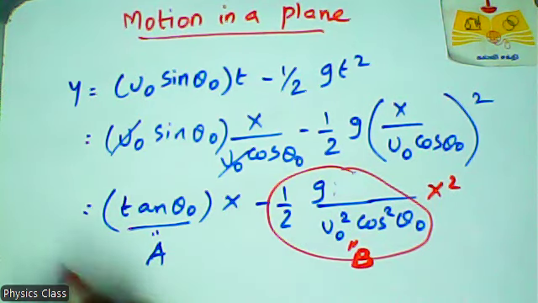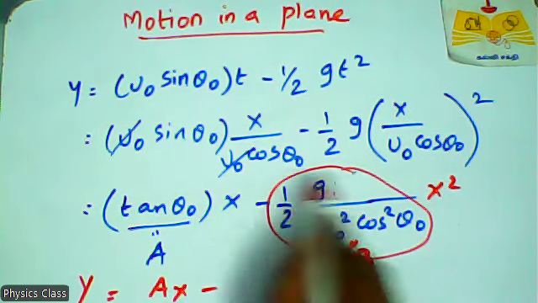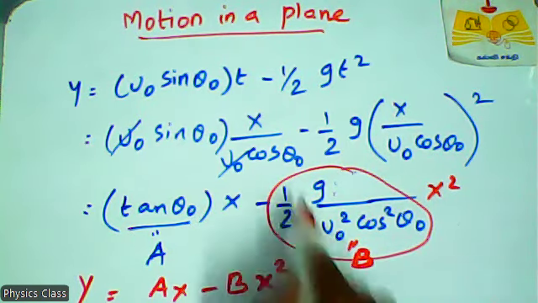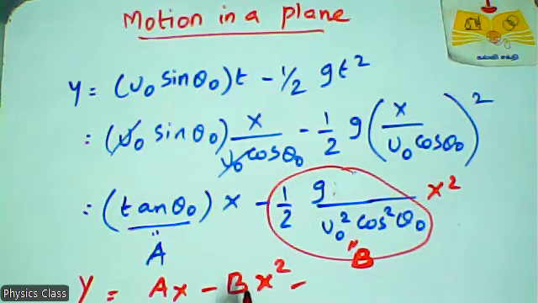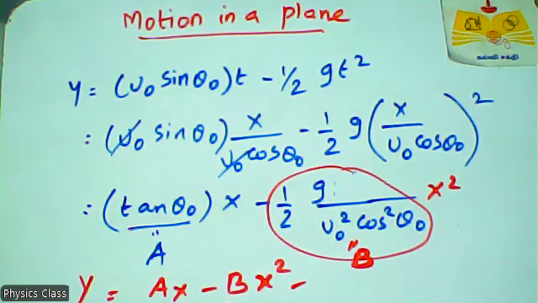So y = tan θ₀ replaced by A, times x, minus B times x². Here A and B are constants. Now you can see that y = Ax − Bx², which is the equation for a parabola.